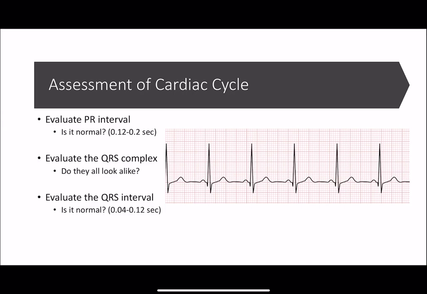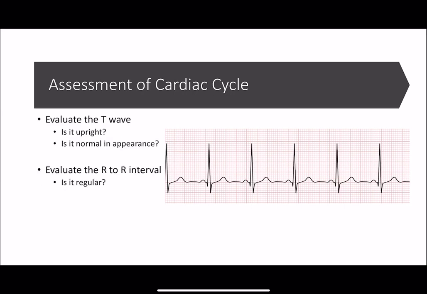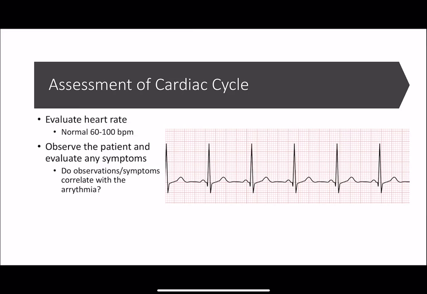Evaluate the QRS interval. Is it normal? Look at the T wave. Is it upright, meaning does it have a positive deflection? Does it look normal? Evaluate the RR interval. Is there the same space between every RR? That would be a normal rhythm. Look at the rate of the heart.